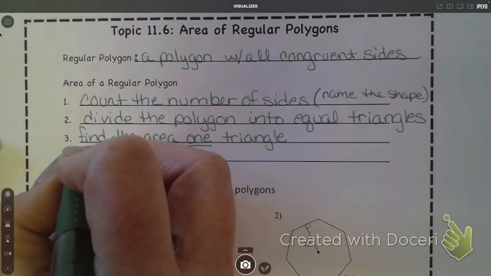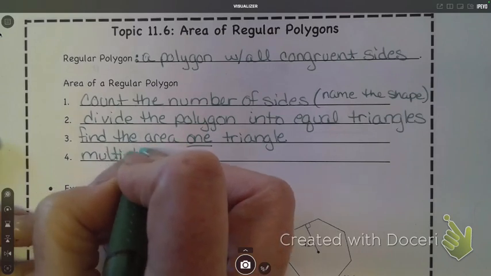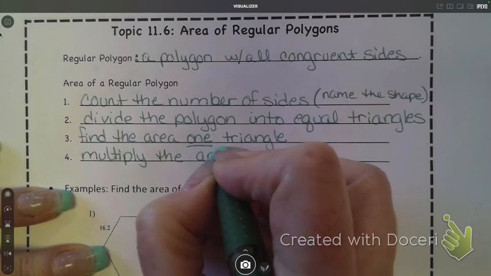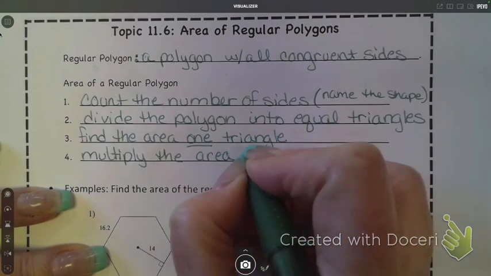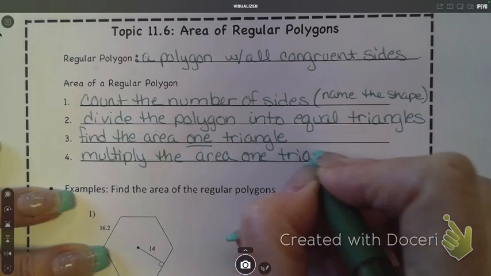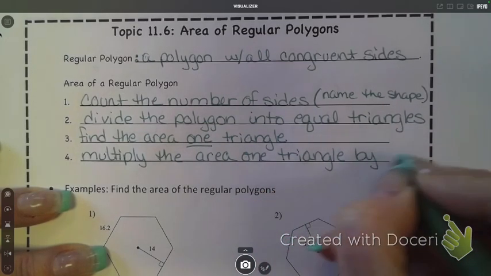Multiply the area of one triangle by what? How many sides there are? By the number of sides.